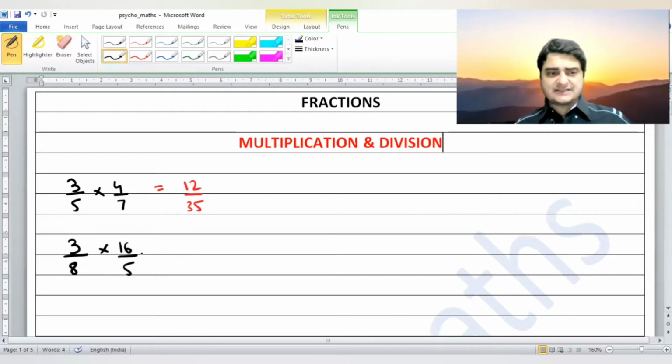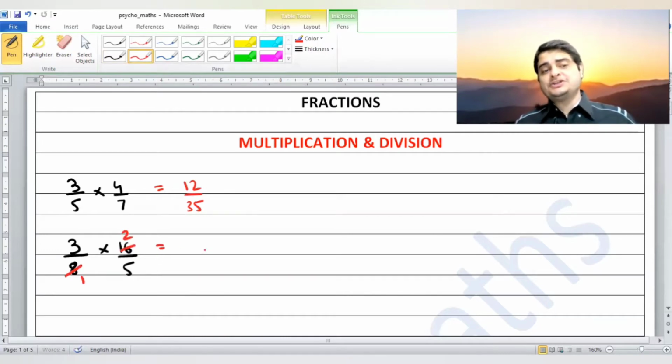So check the cross connections. It is always said you like the life of the other person, so always check the other fraction. Cross connection, check the tables over there. You cannot see 3 and 5 going with each other. But yes, here we can see 8 is getting set in the tables with 16.